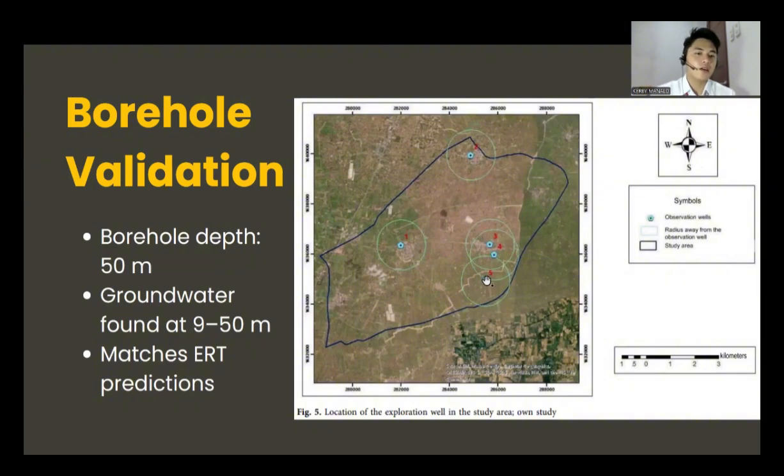In these 5 boreholes, water was detected from 9 to 50 meters underground, which closely matches the ERT profile. The borehole encountered sediment, sand, clay, and sandstone, all good water-bearing materials. So this confirms that the resistivity model reliably mapped the aquifer.